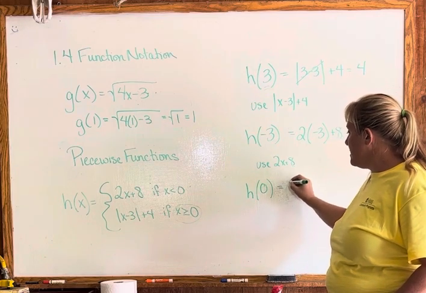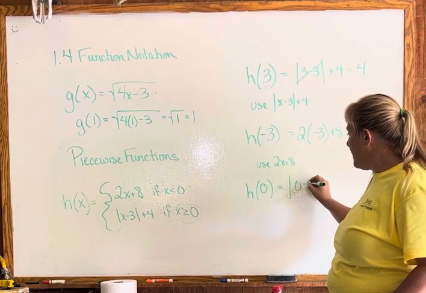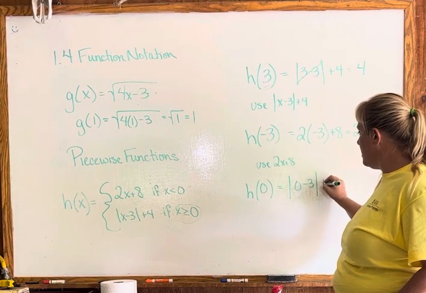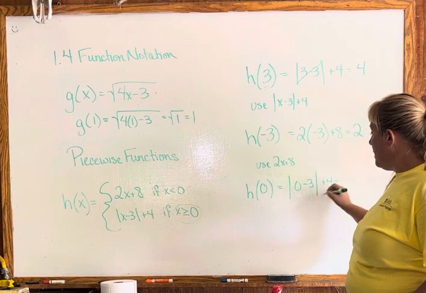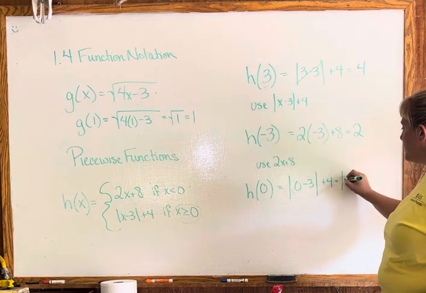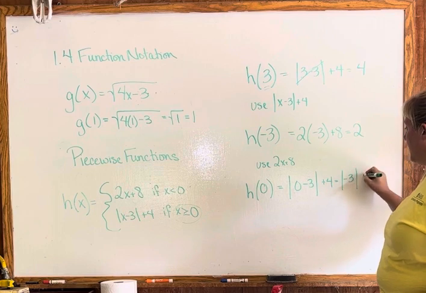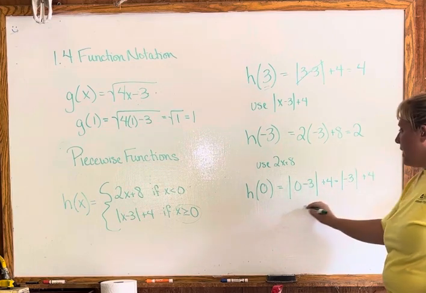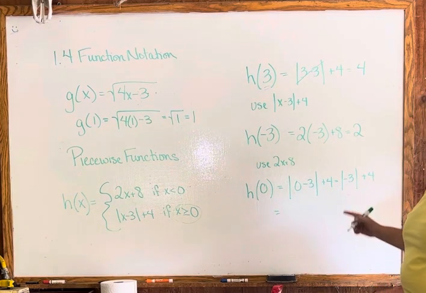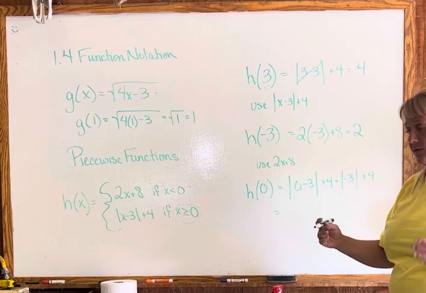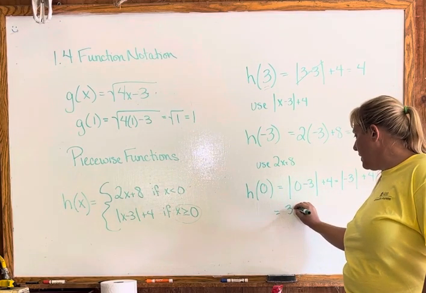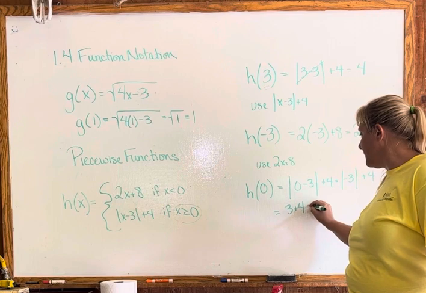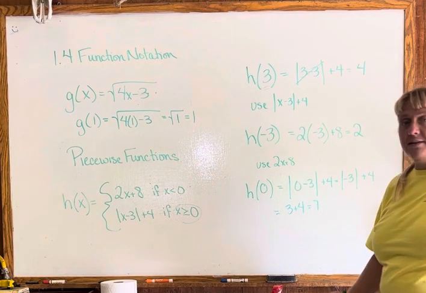So we're going to take 0 and plug it into that absolute value. And that's going to give us the absolute value of negative 3 plus 4. And the absolute value of negative 3, remember absolute value makes it positive, so it's 3 plus 4, which is 7.